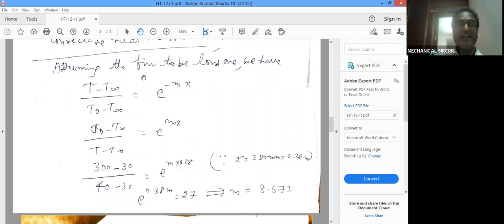All of you have to remember this equation for a lengthy fin.